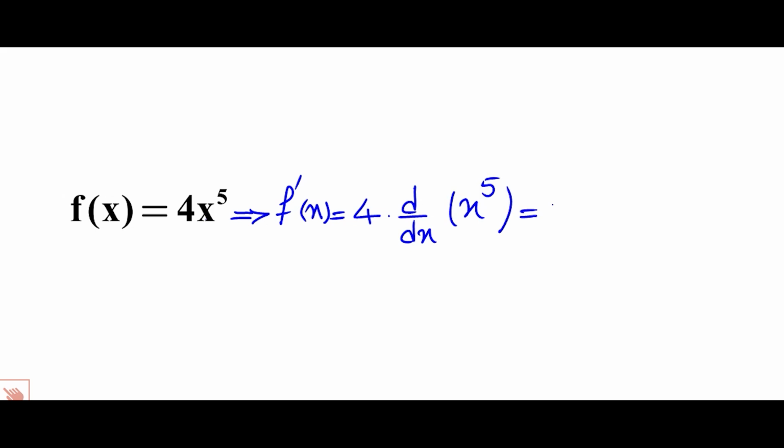So we have 4 times, first bring down the 5 to the front, 5 times x to the power of, reduce that power by 1, x to the 4th power. Okay, so we have 4 times 5 is 20, x to the 4th power.